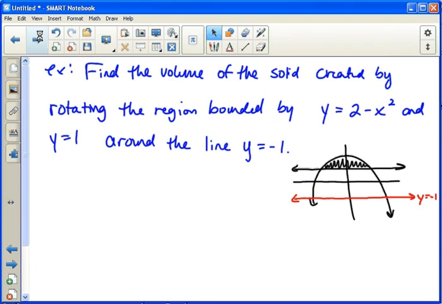So if you can think about it, this is going to create a bigger volume than when we were rotating around the x-axis. Now that's going to depend on what line you pick. It's not that every time we do some other line it makes it bigger, but in this case it will. Because if we rotate on the x-axis, we don't have nearly as far to go as if we go around y equals 1. One way you could think about it is if you were spinning in a circle and holding out your arms.